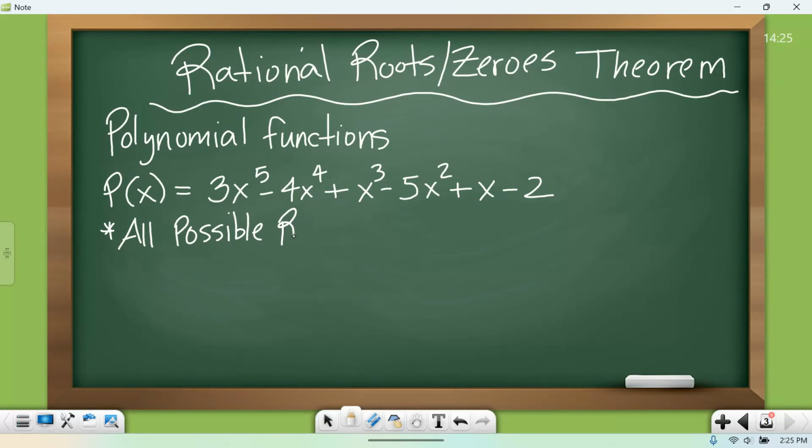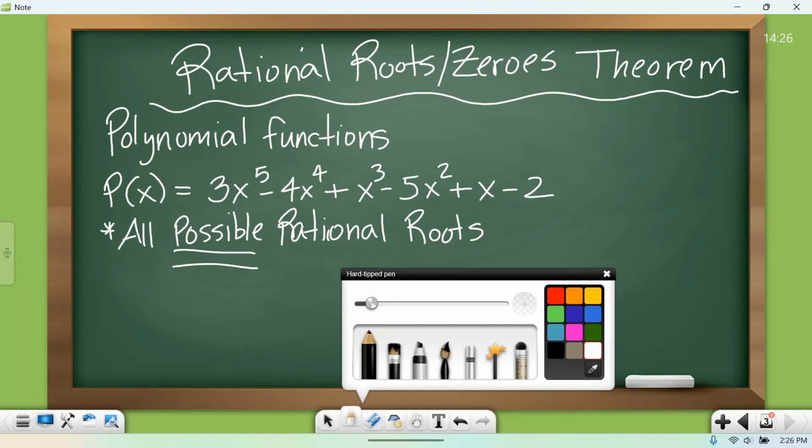It's not going to give you all the roots, but it's going to give you all possible rational roots. And apologies that the pen's not working that great. All possible rational roots. Possible, the key word. Possible means they aren't necessarily roots. They're just possibilities.